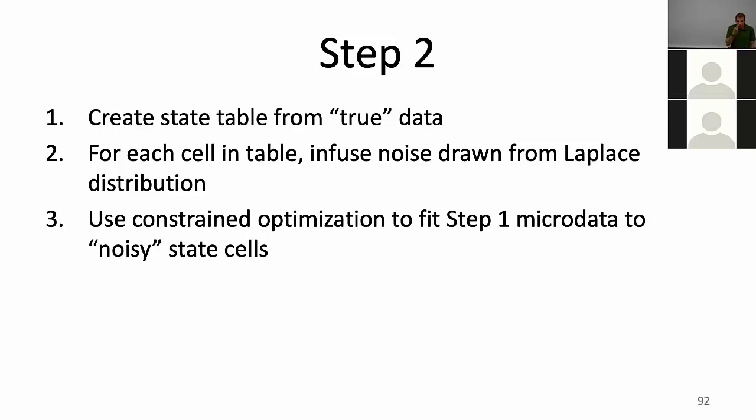And they'll then use Gurobi to do a constrained optimization to fit that step one microdata. So the outcome of step one will be fit into those noisy state cells.